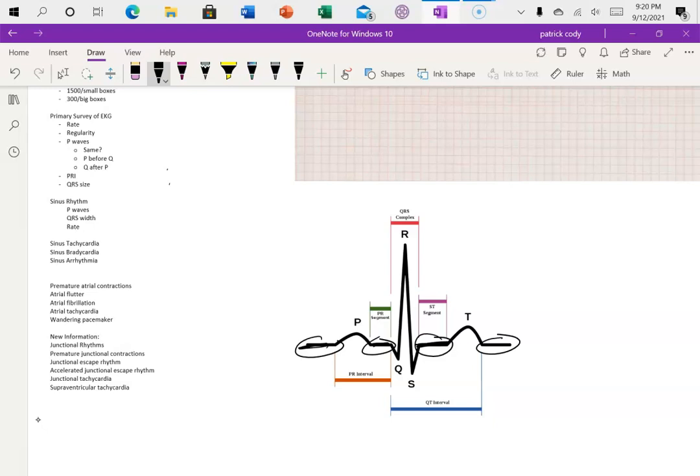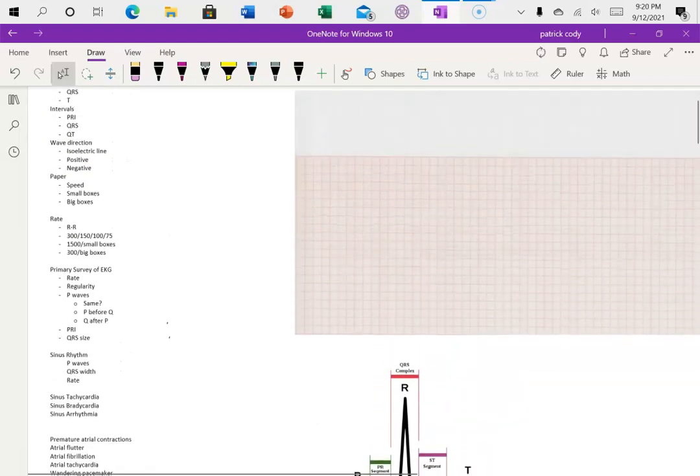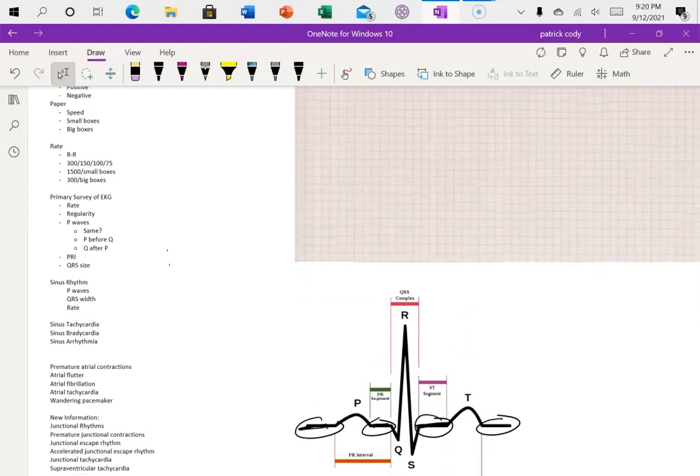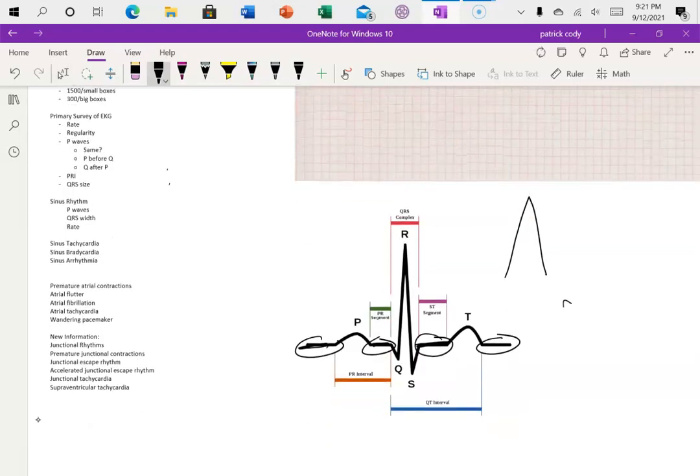Okay, so this is baseline, and baseline becomes very important later on, so make sure that you're able to identify baseline. Okay, that's also the isoelectric line. And then also remember that anything moving upwards means that the electricity is moving in a positive direction towards the electrode, and then anything moving downwards means we're moving away from the electrode.